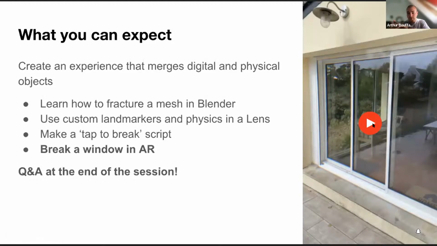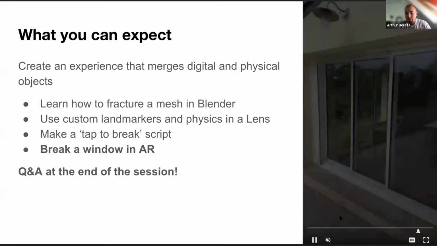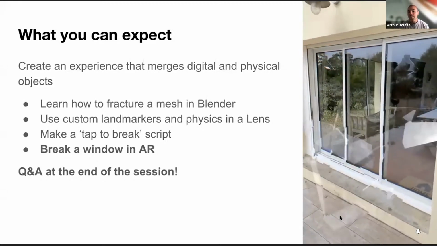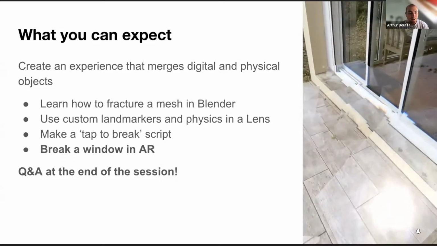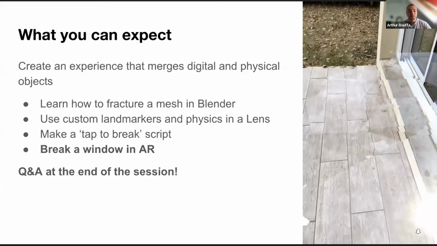We're going to be using a little bit of Blender. We're also going to be using Lens Studio, obviously, and I'll share how to use the custom landmarker with physics to create an immersive experience, as you can see on this video here, where I broke my window, which is pretty neat. So that should be the focus of the session.